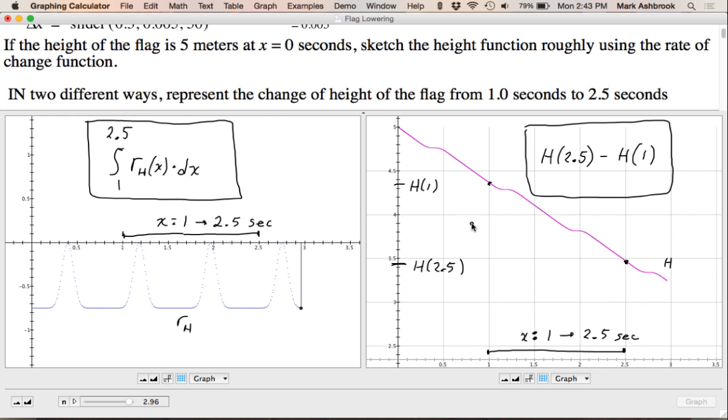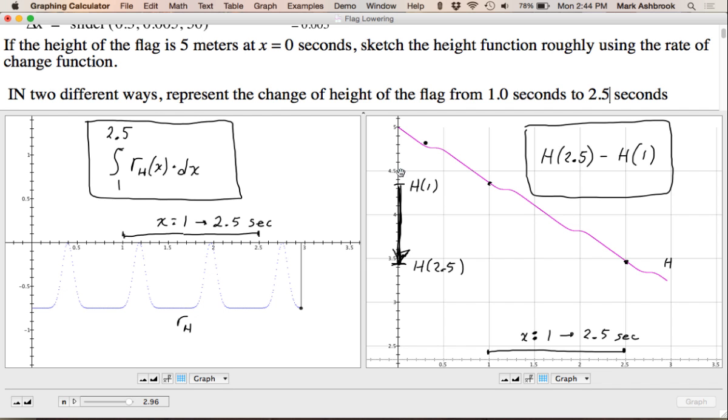So what is that change in height? We show it like this right here, and that change in height is negative, right? So maybe a down arrow like that. That arrow represents that amount of change starting at h of 1, which is about 4.35, ending at about 3.45, which is h of 2.5.